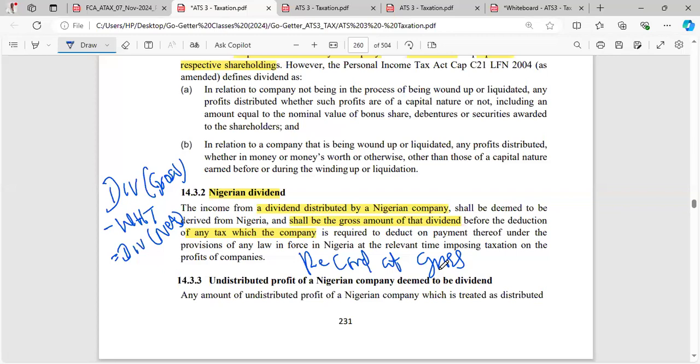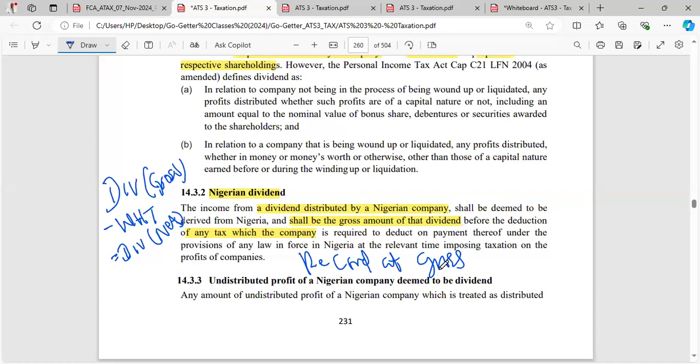Let's give an example. Now you are supposed to receive 1 million naira, right? From 100 million, you have a 1% share, and the dividend they are giving out is 100 million. And because you have a 1% share, they are giving you 1 million naira. Now, the company will not give you 1 million. The company will remove withholding tax, which is 10% of 1 million. That means 100,000 will go out of the money, and you are going to get 900,000.